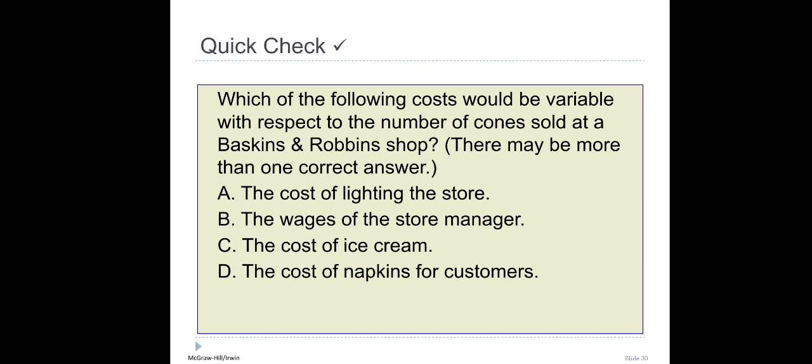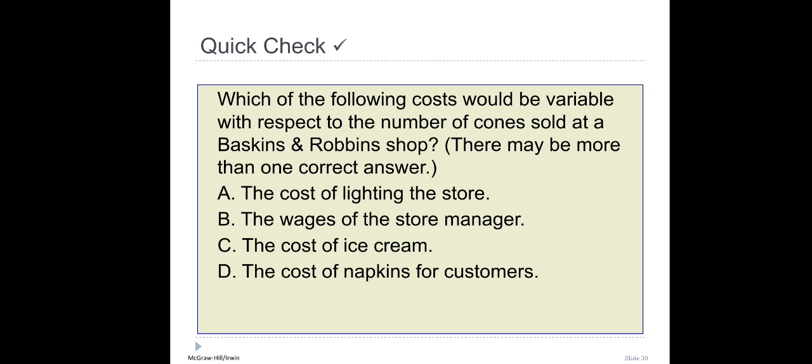A. Before you can answer this question, you have to remember the definition of a variable cost. A variable cost is a cost that will change when the quantity of production changes. So let's see A. The cost of lighting the store. What do you think?